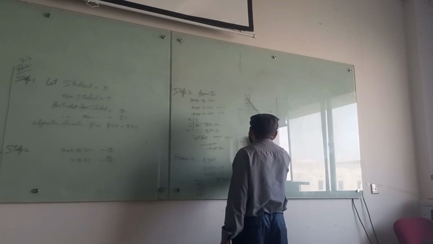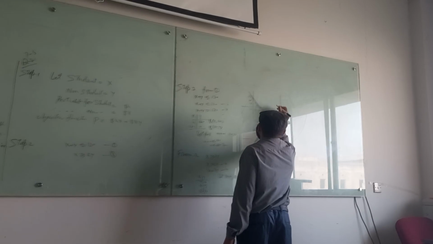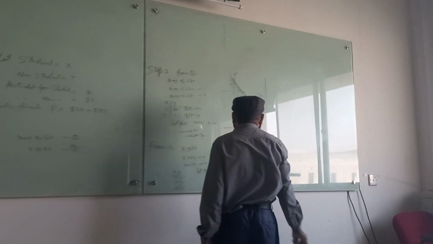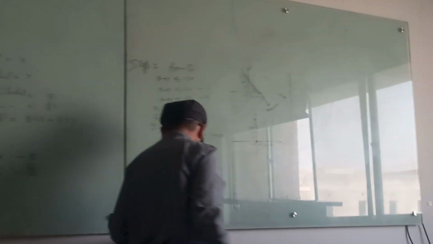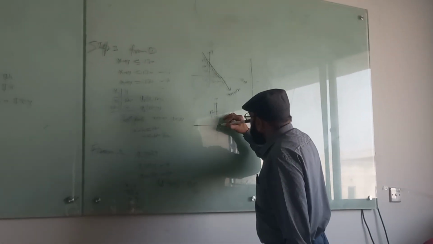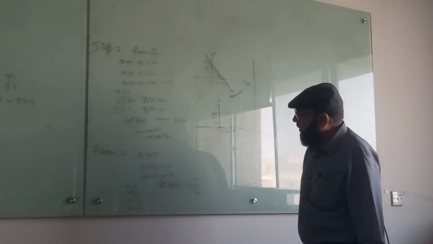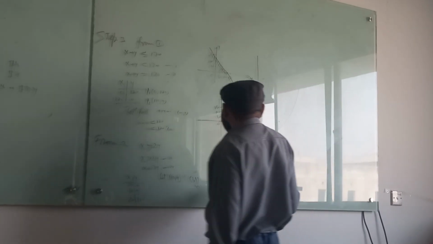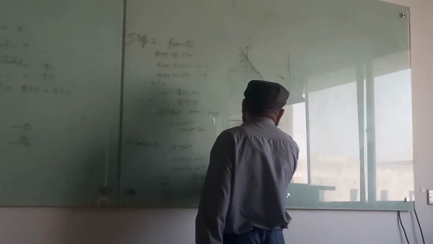Again 50, 100, 150, y side, x side. 0, 0 is 0, and x 10, y 5. So it will be almost here. And if x 20, y 10, x 20 is here, y is 10 here.